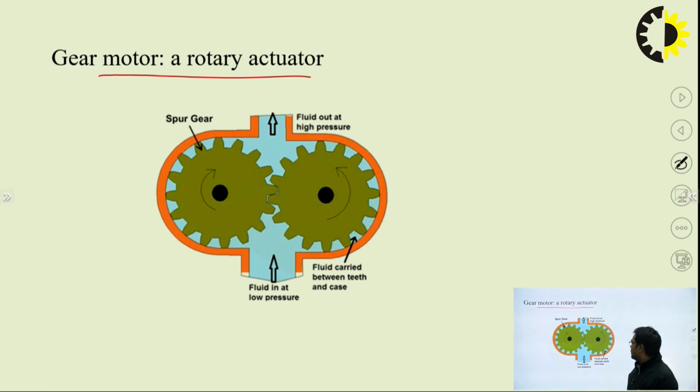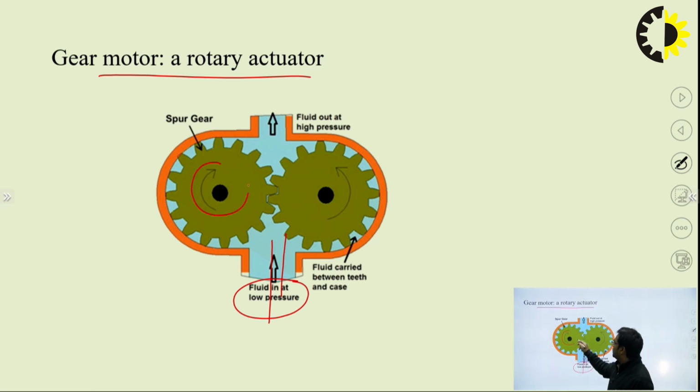You can see the fluid, which may be air or oil, at low pressure is given to this chamber. This is the gear arrangement, these two are the gears. As fluid is given to the system from this valve, the pressure is equally distributed on both ends.